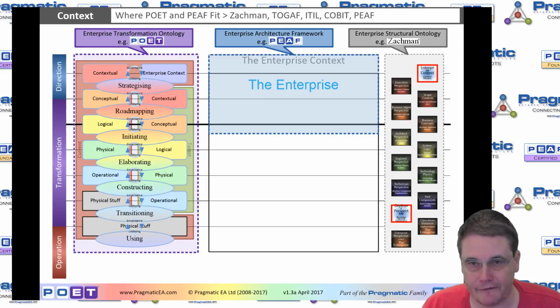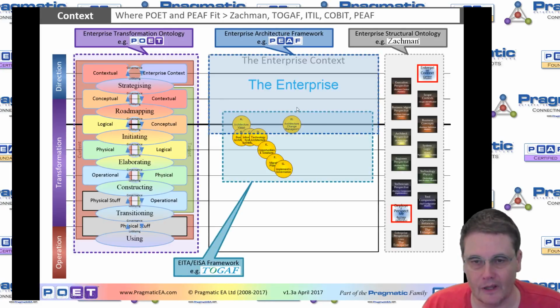This is where PEAF fits. It looks at the whole EA area, which is this area at the top here. TOGAF fits in down here. As I said, it doesn't go into constructing because it does implementation governance down here. It does go into kind of road mapping a bit, but it's very IT centric, which is why it's not shown through the whole width.